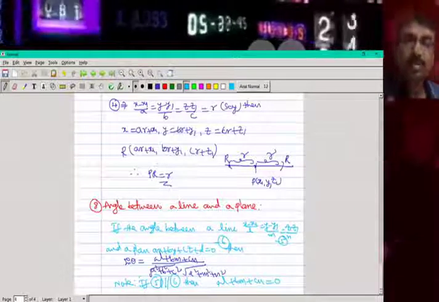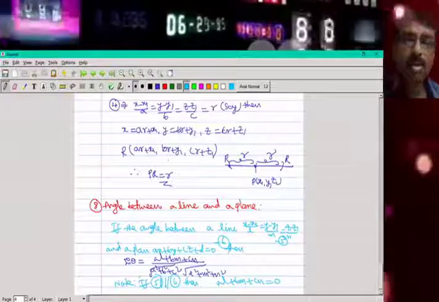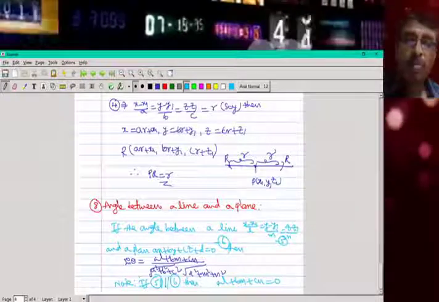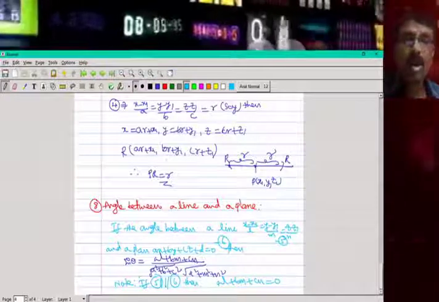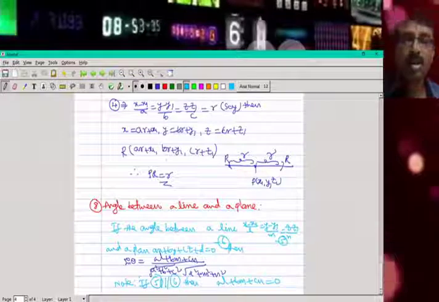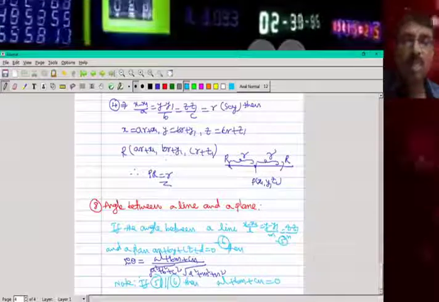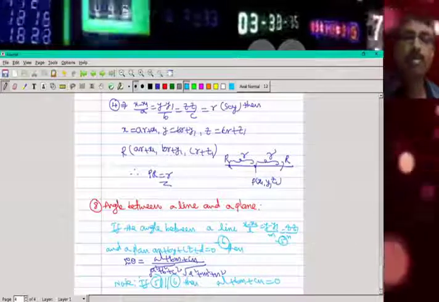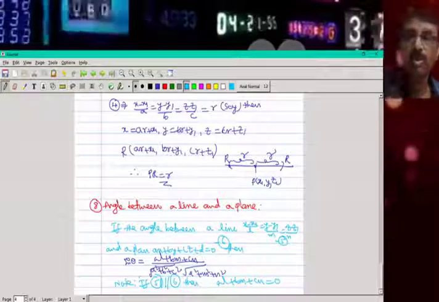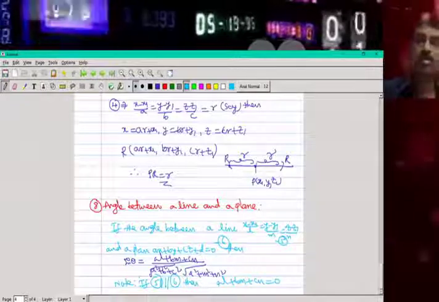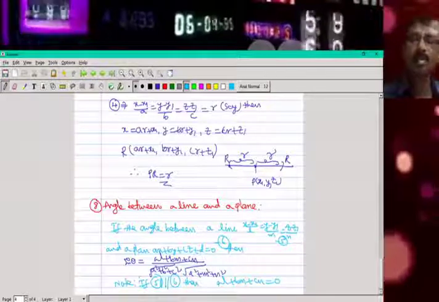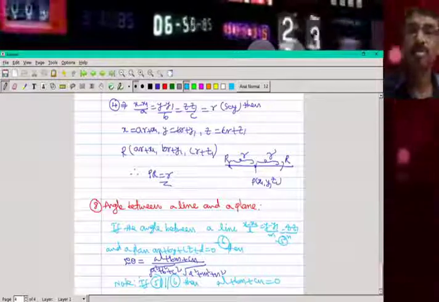In this case, the line may be parallel to the plane, or a line lies on the plane. In both cases, al plus bm plus cn equals 0. So these are some of the important formulae in three-dimensional geometry we are going to use in coming chapters.